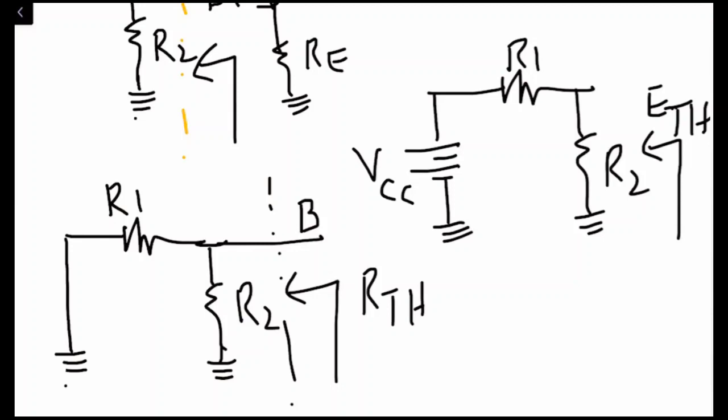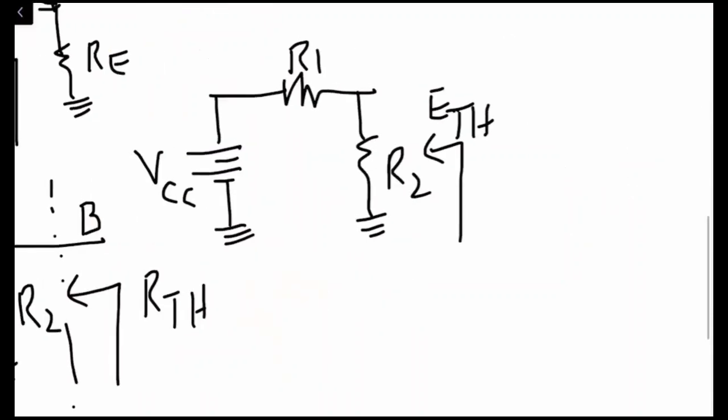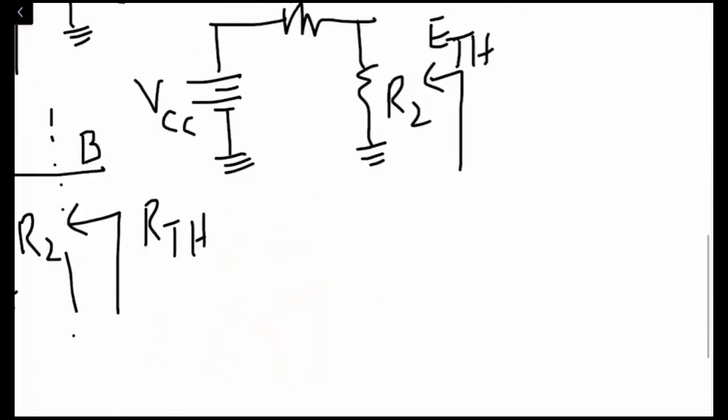Voltage divider. So if we use the voltage divider rule, in that specific case ETH should be equal to the drop across the R2 resistor. Are you with me? Yes, sir.